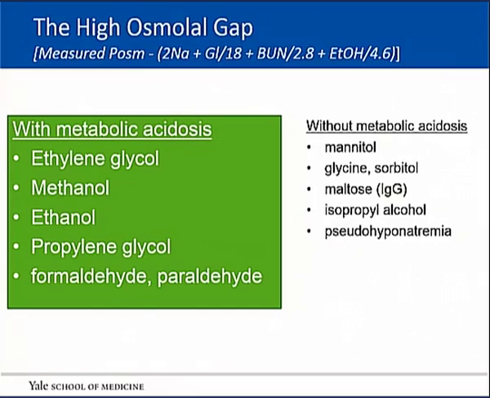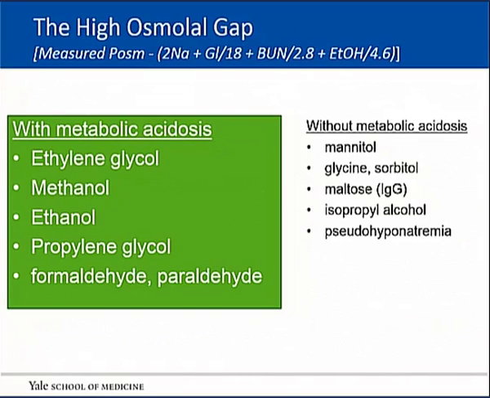And then we need to check the osmolar gap, because patients who have metabolic acidosis, we always need to rule out the presence of a high osmolar gap. So that is when the measured osmolality is more than 10 milliosmoles per kilo above the calculated osmolality, the formula of which I put up there on top.